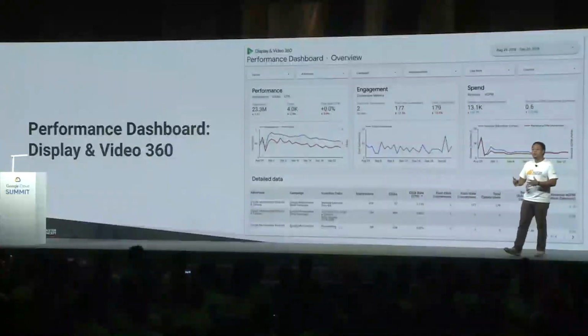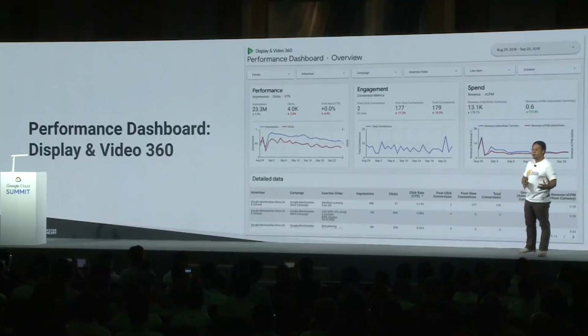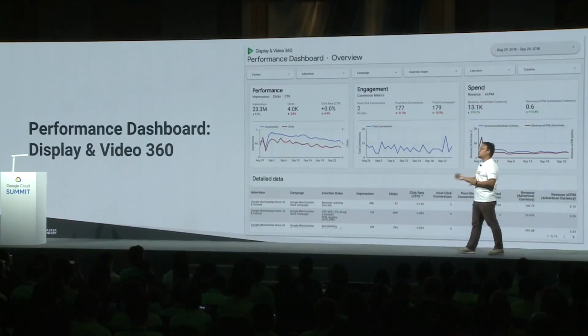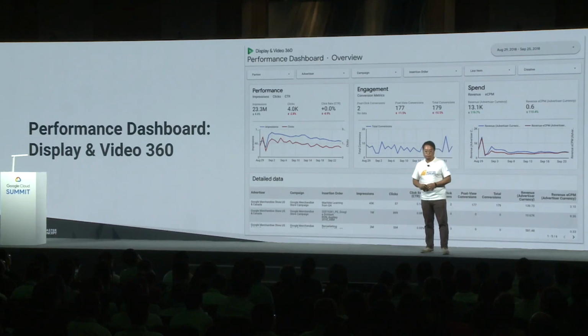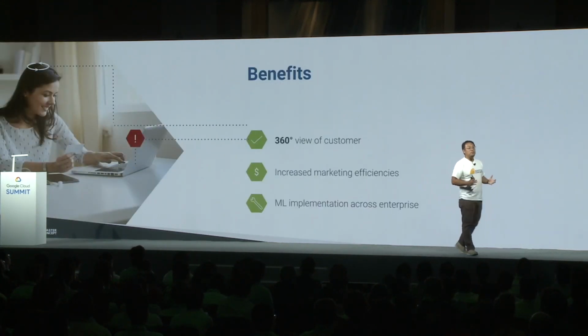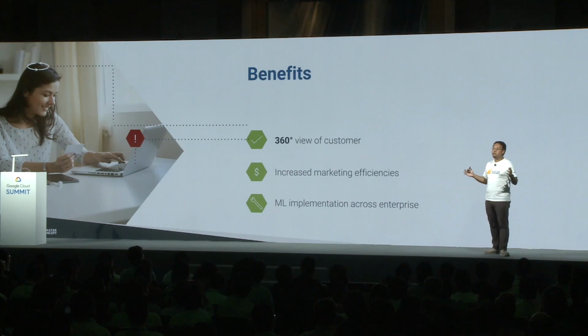Performance dashboard. So now Display and Video 360 is available for you also to see all your performance of the videos and display ads. And the benefits for that is you will have a 360 degree customer view, and you can increase your marketing efficiencies. And including the ML implementation, you can have instant response to your right targeted persona customers.